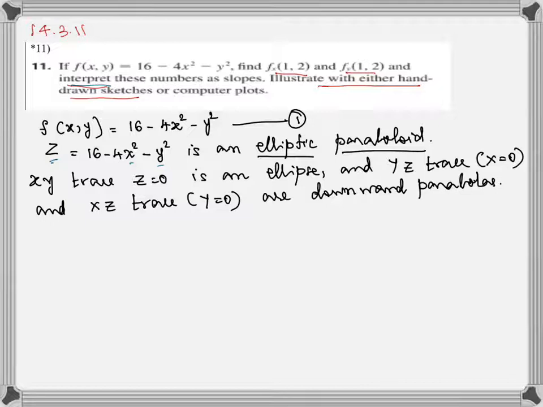So on the xy plane, we get an ellipse. On the yz and xz planes, we get downward parabolas. So it is an inverted paraboloid opening downward with an elliptic bottom on the xy plane. So that is the surface.